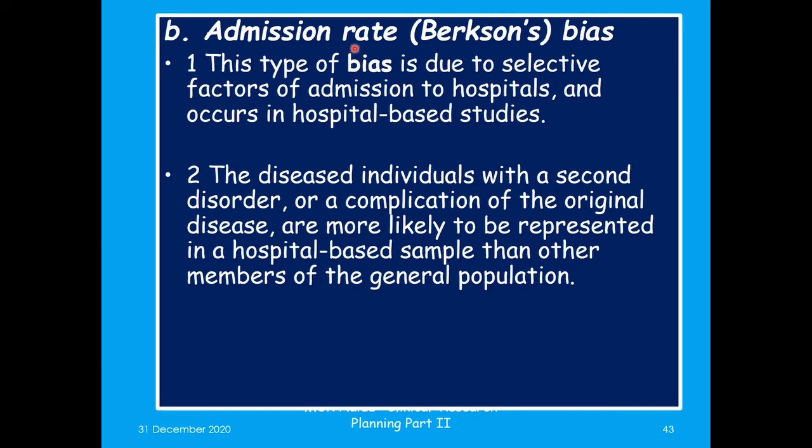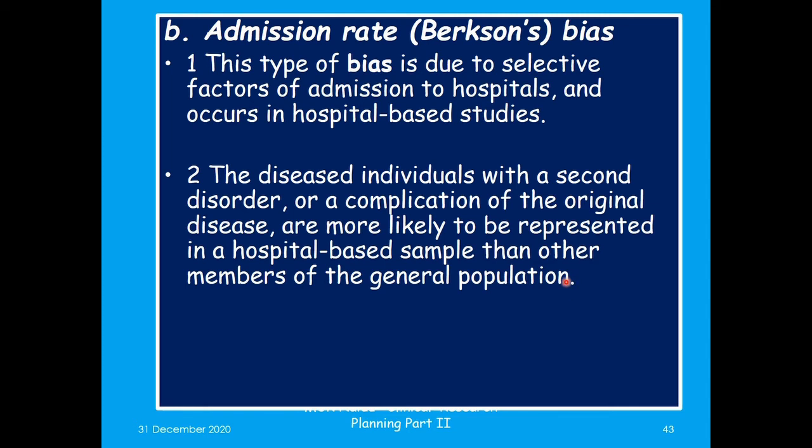We may not get enough patients admitted to the hospital at a particular time for our clinical trial. Similarly, a diseased individual in our clinical trial may get some other second disorder during the trial, or a complication of the original disease, and he may go to some other hospital for attending. So this is another reason admission rate bias may come.